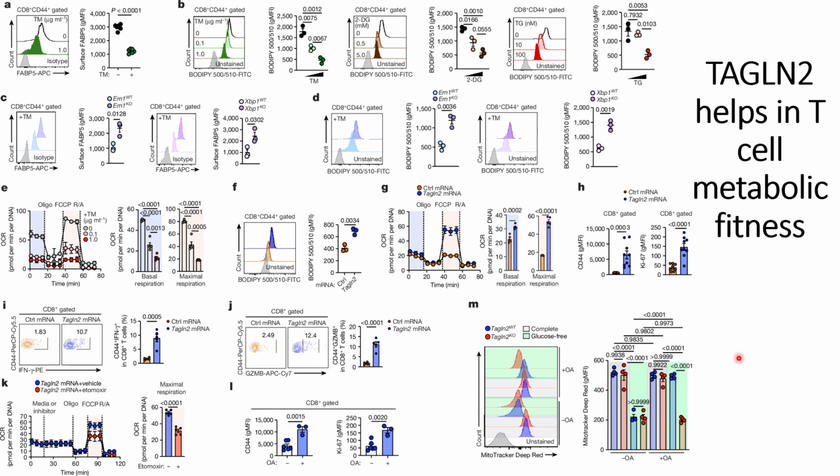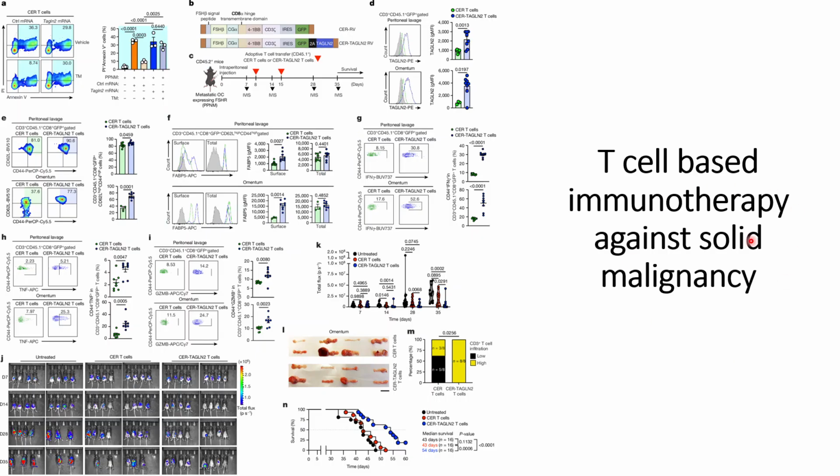So after correcting these 2 points, let us start with today's topic, that is, how T-cell based immunotherapy can be used against solid malignancy such as ovarian cancer cells. First they check these CAR T cells and their effect on the tumor cells, that is, how many tumor cells they are able to kill.